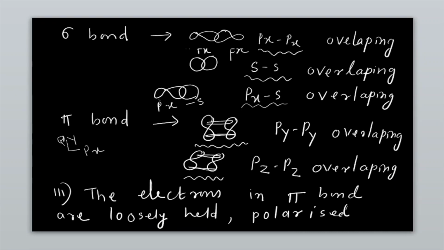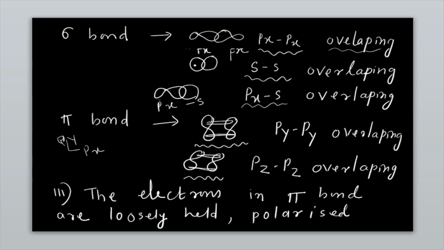Now, what is a sigma bond and how is it formed? A sigma bond has head-on overlapping, for example px with px. So head-on overlapping takes place, and it is called a sigma bond. There are three types of sigma bonds.